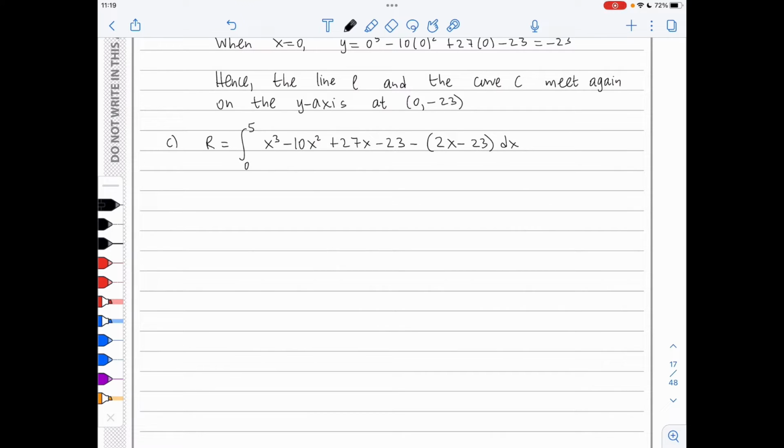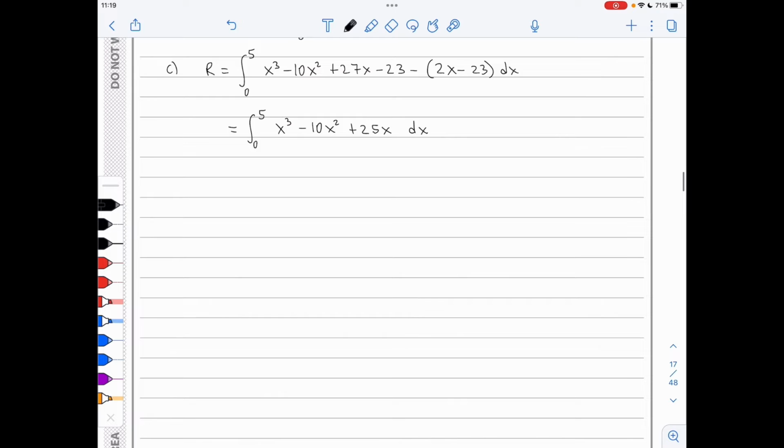Notice the brackets here to avoid messing up with the negative signs. I will simplify first of all within the integral to get x cubed minus 10x squared plus 25x dx.